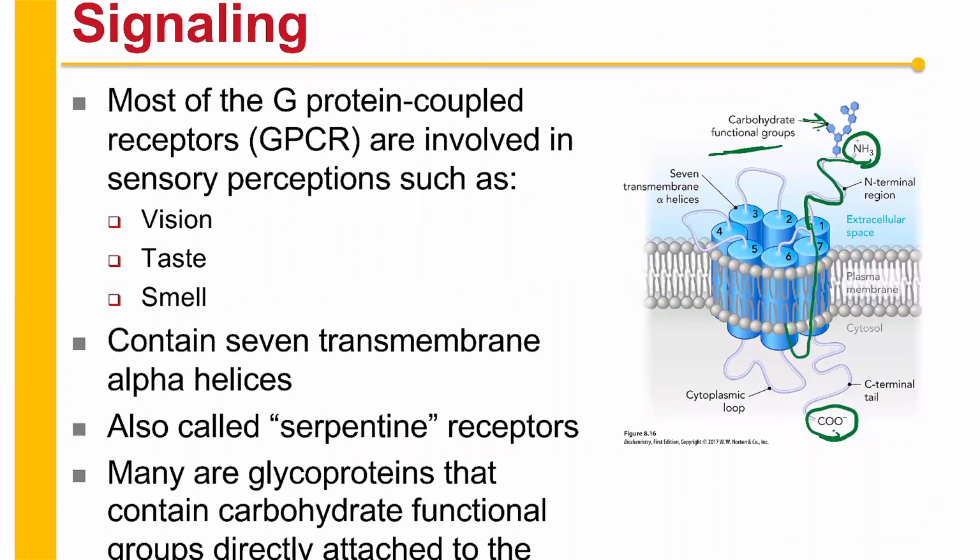There's a little loop and they come up, and here's the second helix, right? There's a loop between 2 and 3. 3 goes all the way along the membrane, comes up to 4. 4 will have a little loop to 5. 5 goes down. Here's our little loop to 6. 6 to 7, and then you get the C-terminal tail. So you see how it goes kind of up and down and up and down. So they call them serpentine.